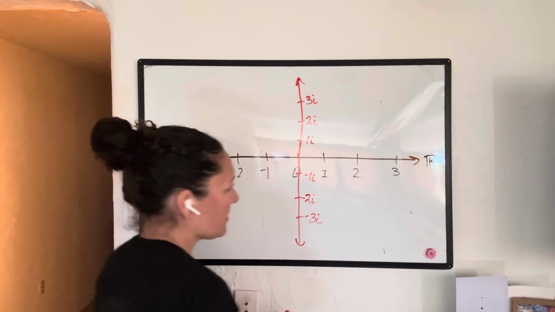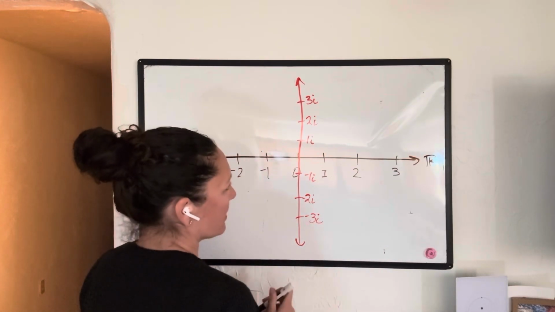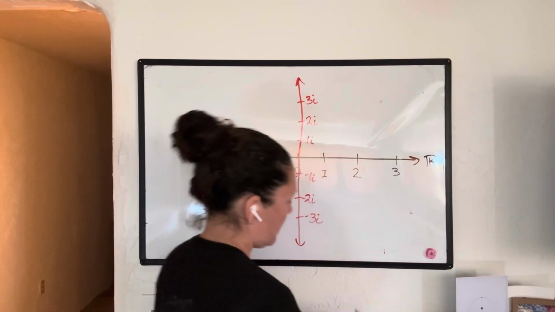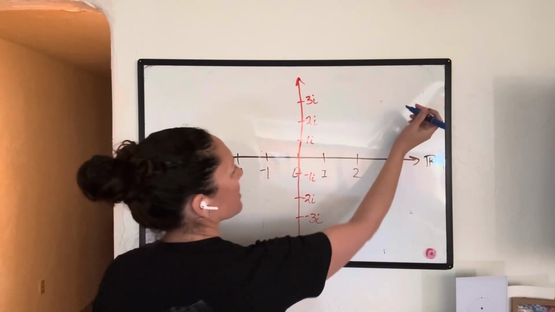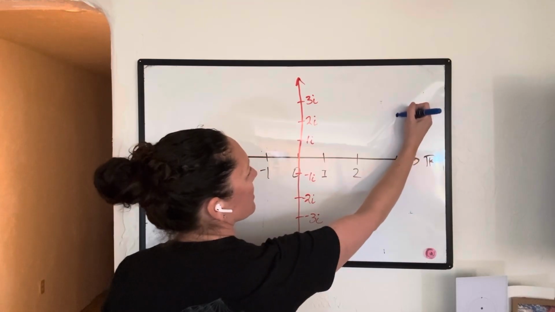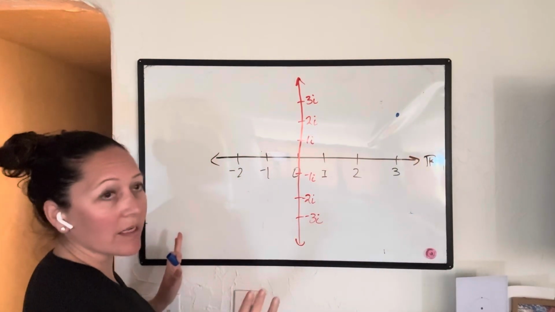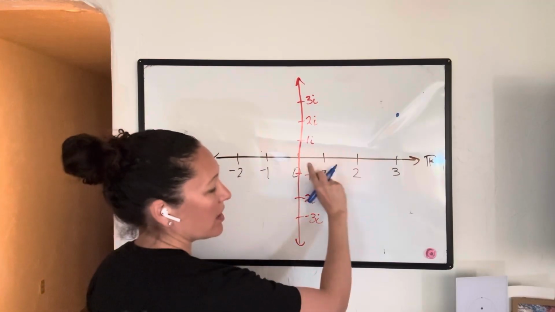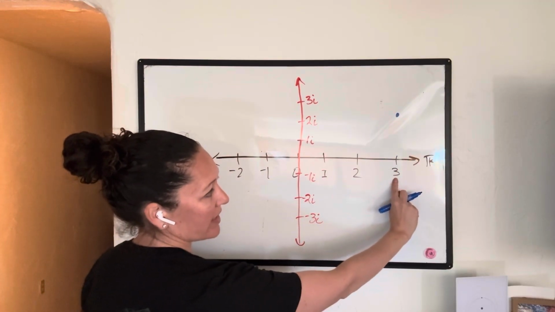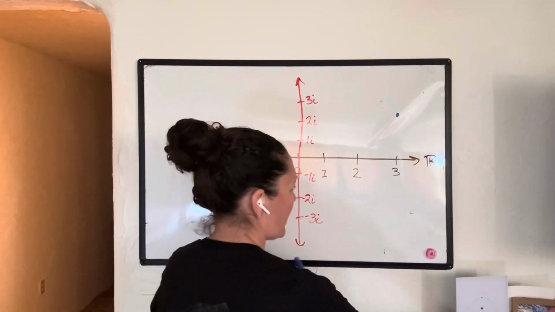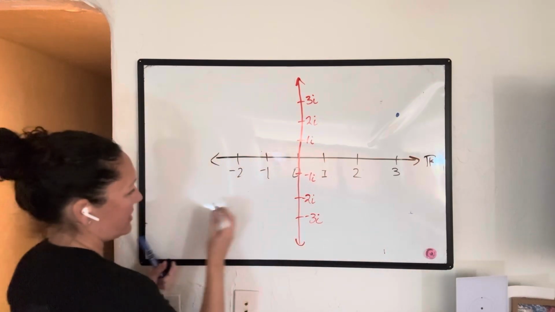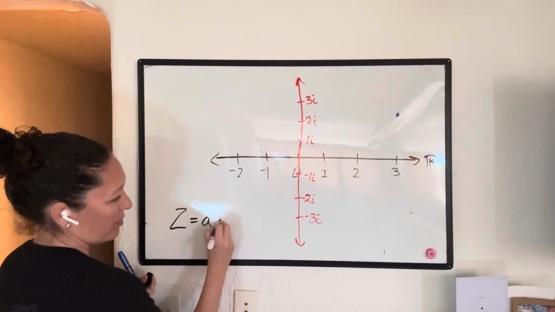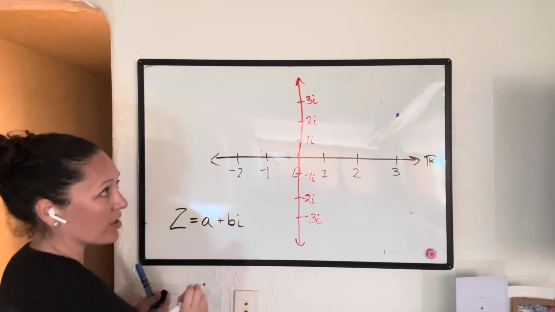Okay, so if I were to take a point on here, let's say over here and right here. That is a complex number. That's the coordinate for a complex number. What is my complex number right here? Well, let me write out the equation again to remind everyone: my complex number is my real number plus my imaginary number.